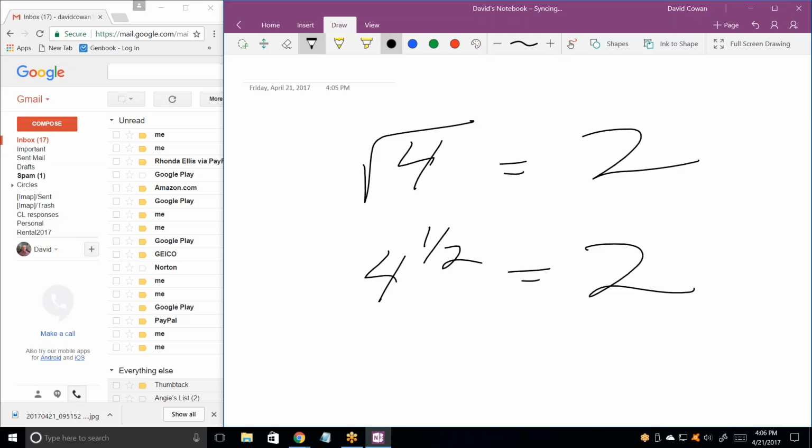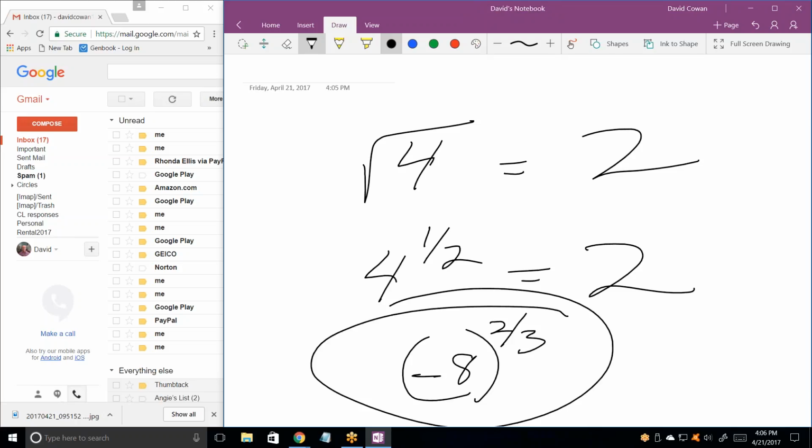And that takes me back to this issue of taking negative numbers to fractional exponents. There's something fundamentally funky about that. I can't explain totally what it is, but it's not quite as simple as it would appear.